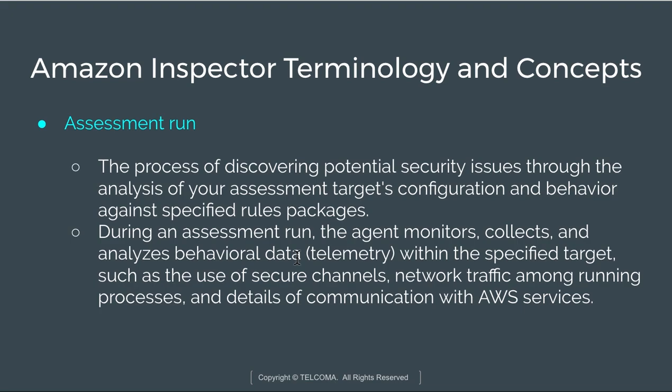How can we discover them? We analyze the assessment target's configuration and also analyze behavior against various rules packages. During this process, the agent monitors, collects and analyzes various data, which we call telemetry, with the target. That means it will analyze secure channels, network traffic, and details of the communications. This is our process of assessment run.